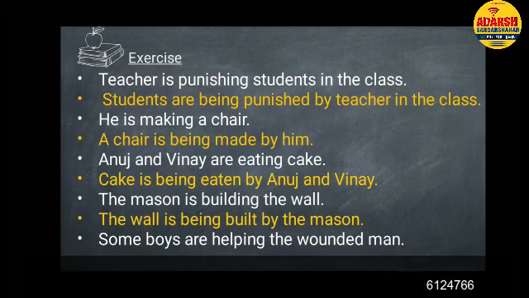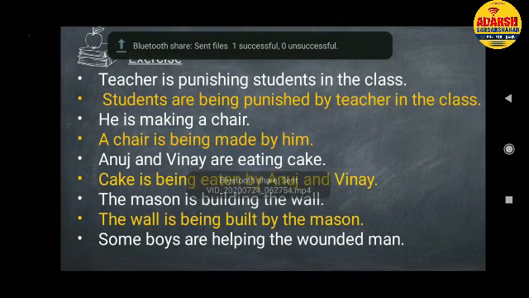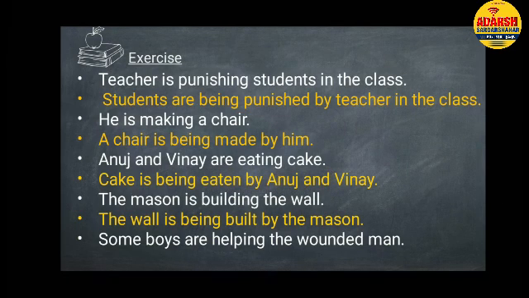Here our doer is our subject, so here our doer is some boys. So some boys is our subject, and some boys are performing the activity of helping. So help is our verb.